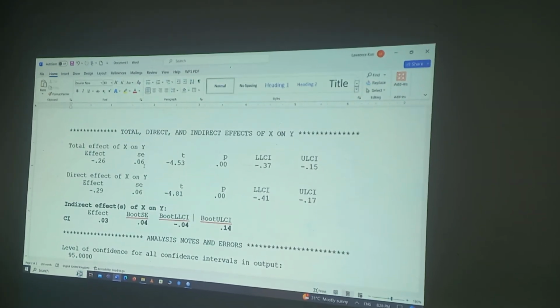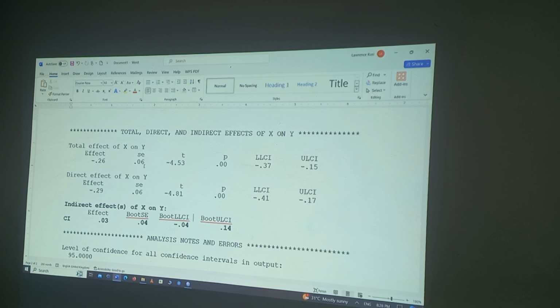For partial mediation, the contribution of the predictor to the change in the dependent variable is significant. And when you include the mediator in the equation, that contribution is still significant, then we have partial mediation.